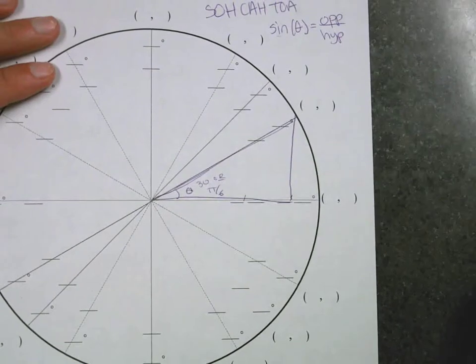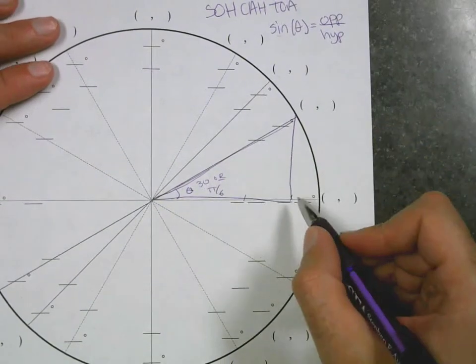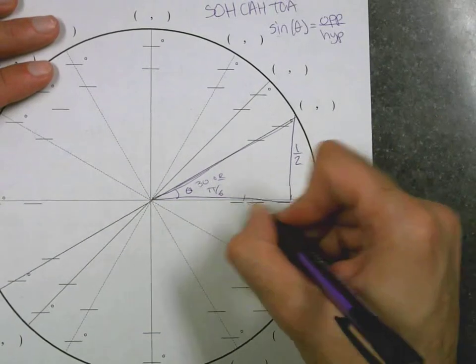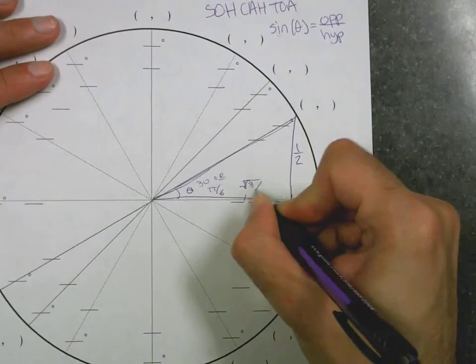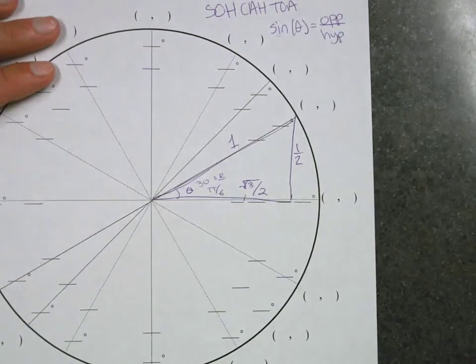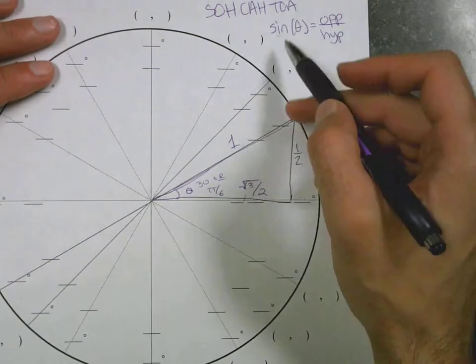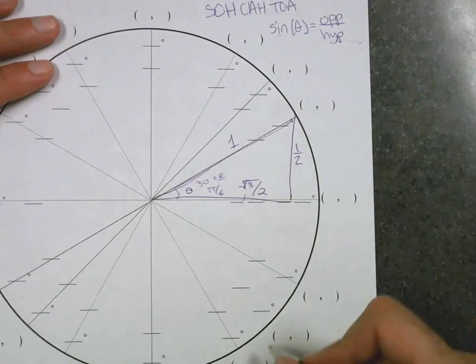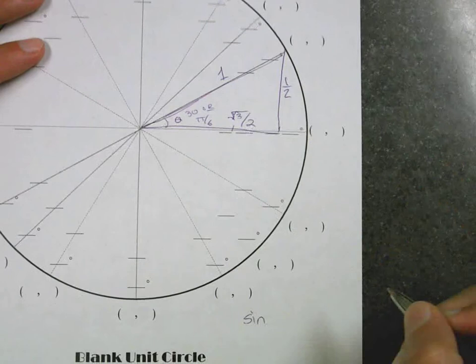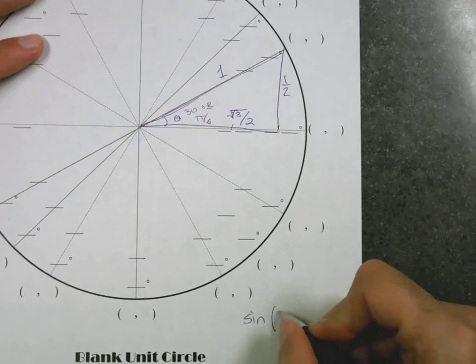Now we already know what this triangle is. We know that it has a height of a half and it has a width of square root of 3 over 2. And we know the radius is 1, or the hypotenuse is 1. So we're going to use this triangle that we know to evaluate sine of pi over 6.